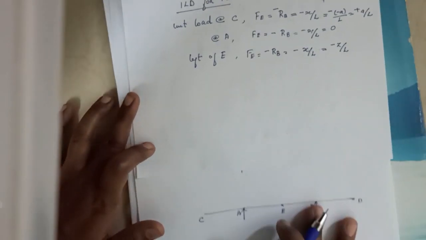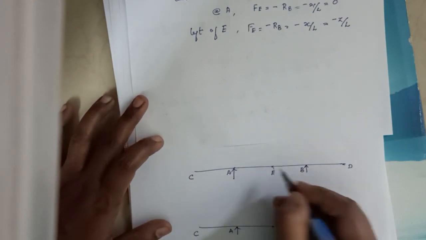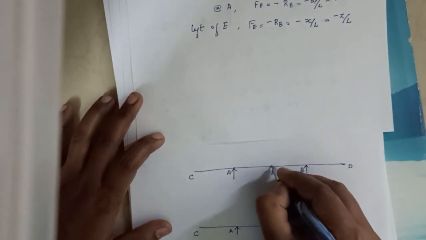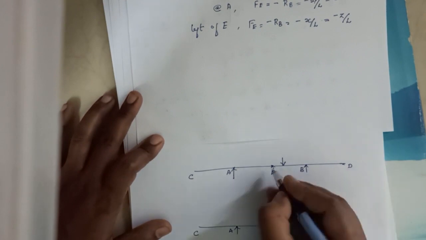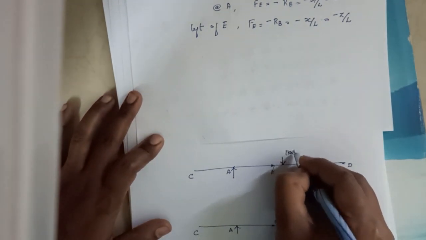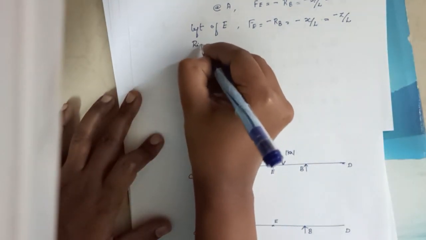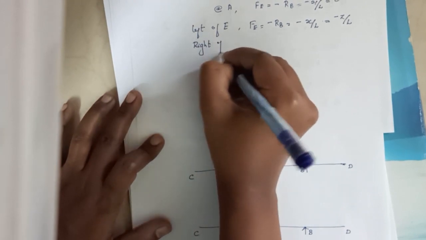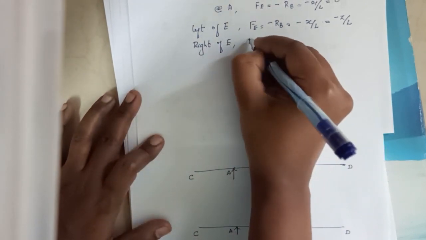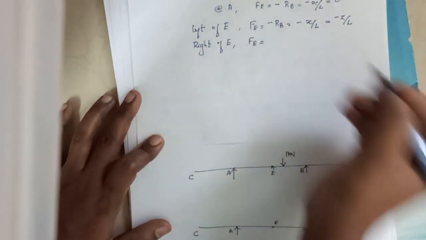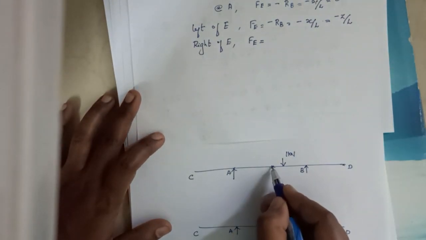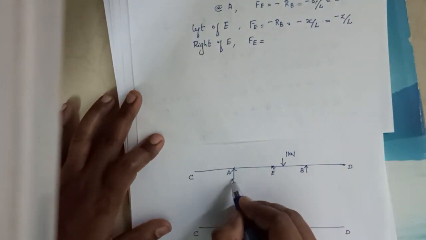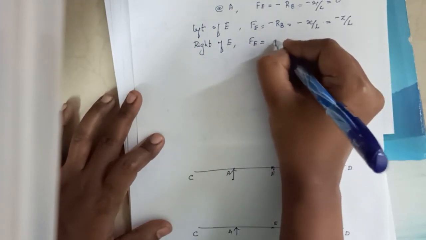Okay. Then consider the next position, when the unit load is at the right of section E. Here the shear force at E will be RA value.